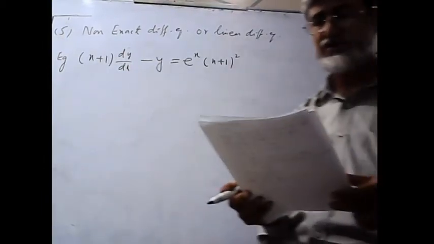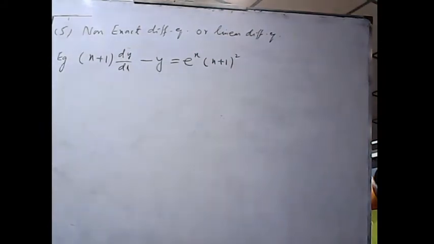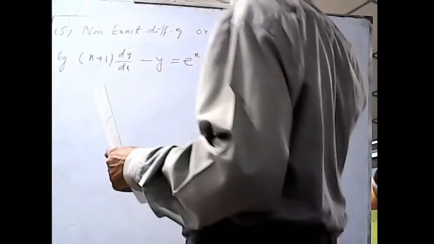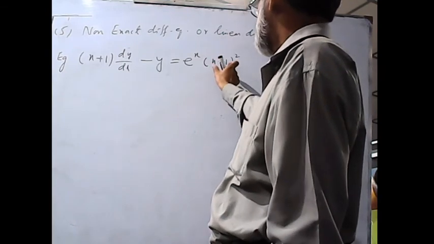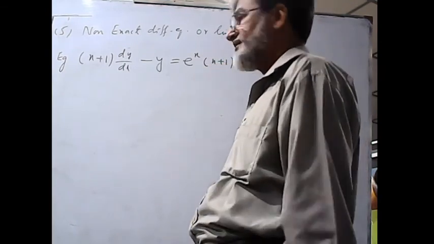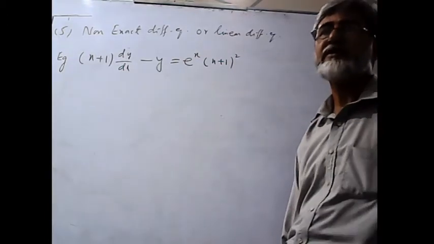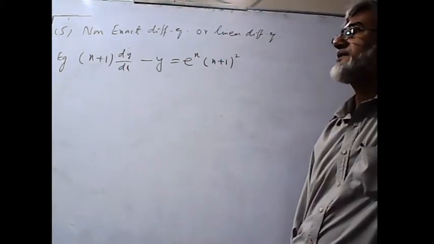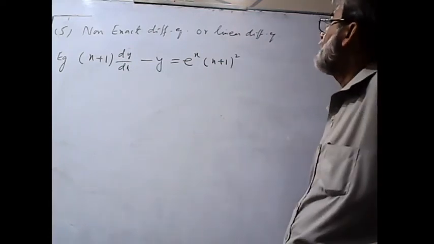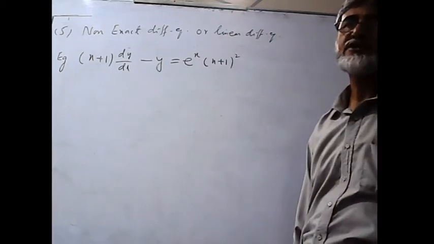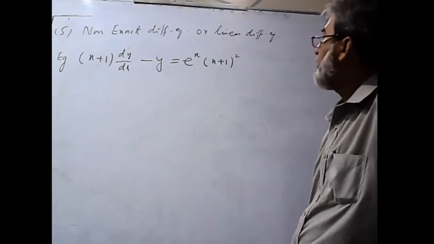The equation is not in the standard form of linear, so we follow the forms in order from the first. The equation is not separable variable, because when y is shifted to the right hand side, the function of x plus y cannot be separated. Both terms are mixed with respect to dx and dy. You cannot write this equation as a function of x dx plus a function of y dy. Then what about homogeneous? The function is not homogeneous because of the transcendental form of the function.